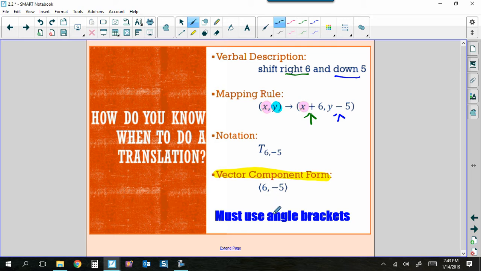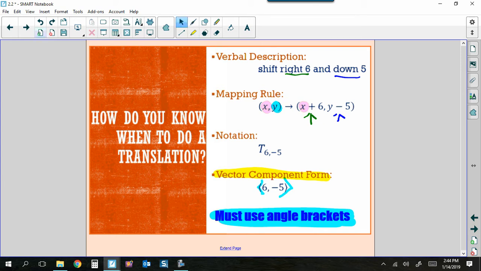After the comma is going to be your y move. The other thing that you need to make sure you add, these are not parentheses, they are angle brackets. They're like pointed parentheses. So that's huge. If you were to say you're going to translate and then you put an ordered pair with parentheses, you will lose points. If you are talking about a vector, you need to make sure you are using those angle brackets around it. They are pointed.